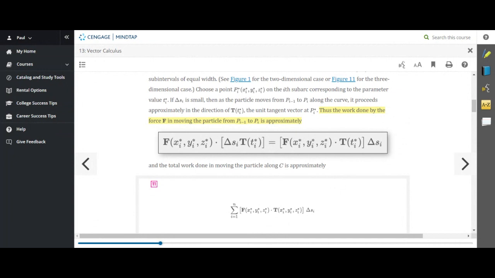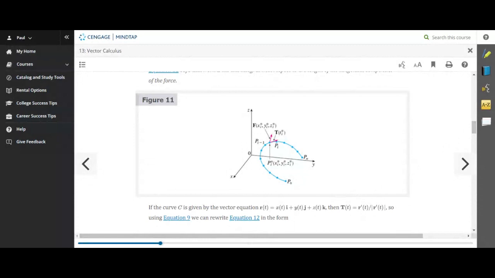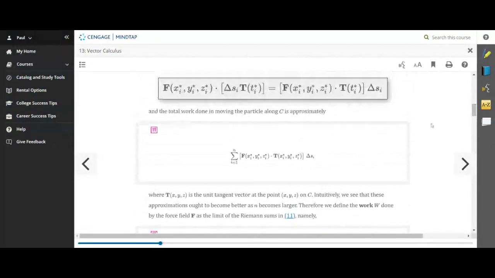So we can re-express this as the dot product of the force field with the tangent vector times delta S sub I. We would compute one of these quantities along every little piece of arc. We take the entire path C and break it up into little arc pieces, compute the work along each of those little subarcs, and add them up.